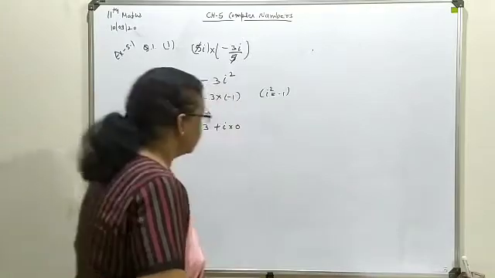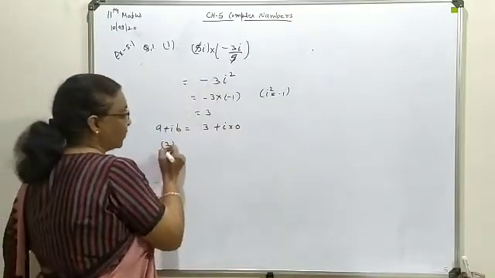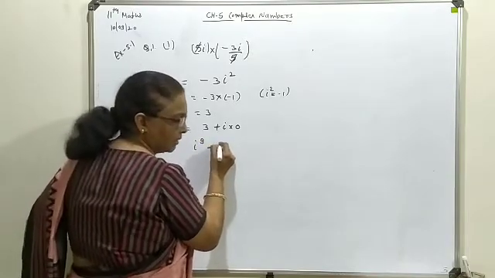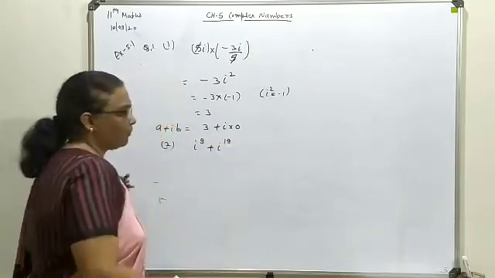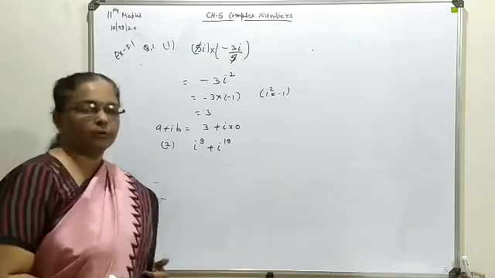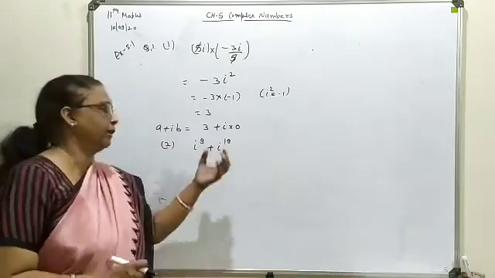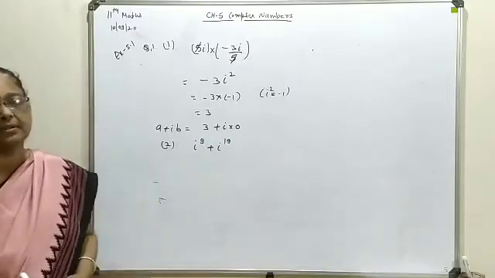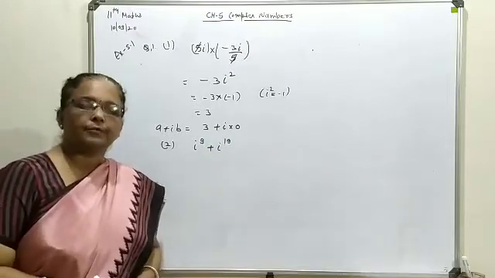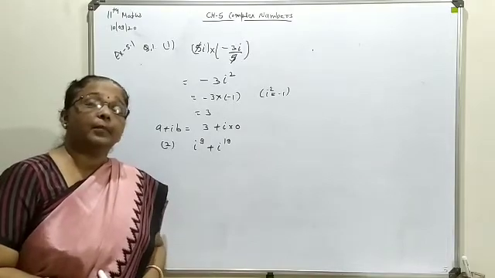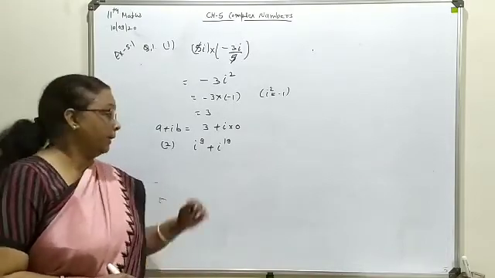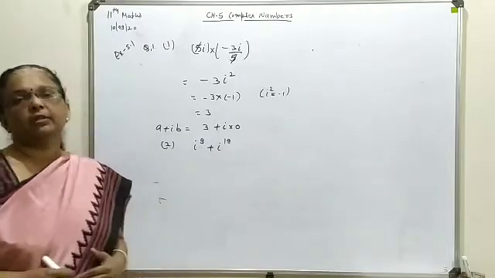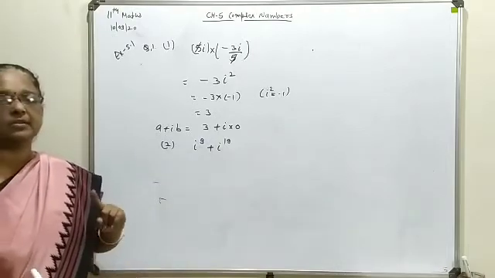Now we look at the second part, in which a higher order of i is discussed, that is i power 9 plus i power 19. As I told you in the first lecture, if you are dealing with higher powers of iota, try to convert them into multiples of 2. Here both the powers are odd, so with an even and odd combination, you separate a single iota.